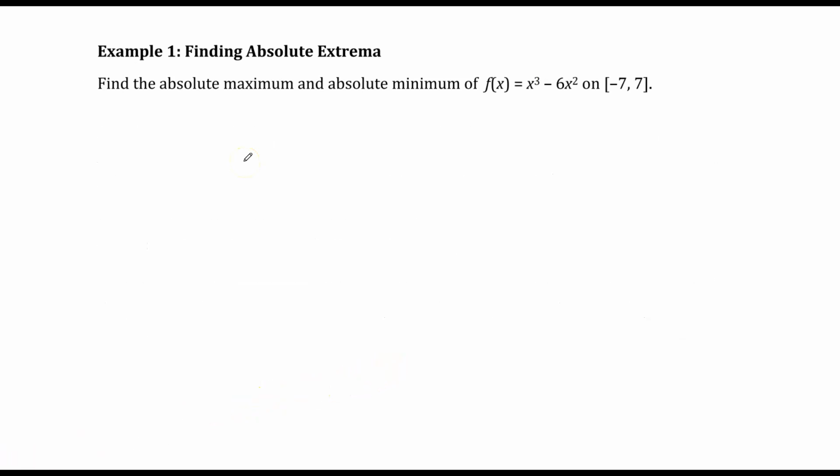For example, find the absolute maximum and absolute minimum of this function on the closed interval [-7, 7]. As a first step, we want to make sure that the function is continuous on the closed interval [a, b]. How do you make sure of that?